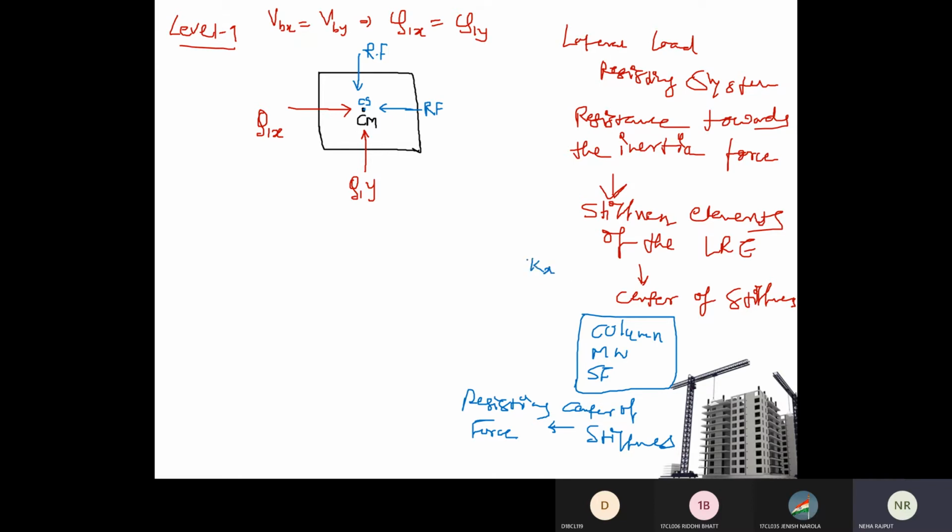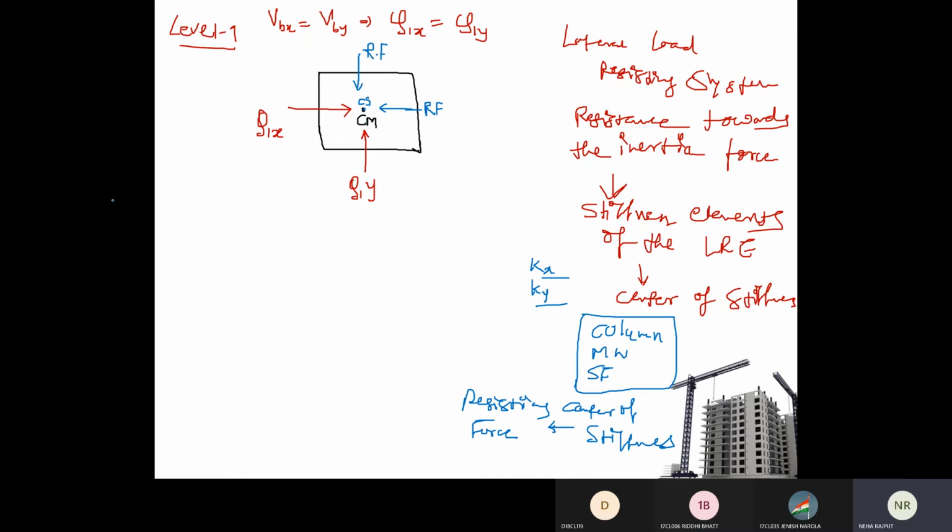Stiffness symbol is K, so stiffness in x direction and stiffness in y direction. So you will get the resisting force in x direction and in y direction also. This resisting force will not allow your building to deflect due to this inertia force.